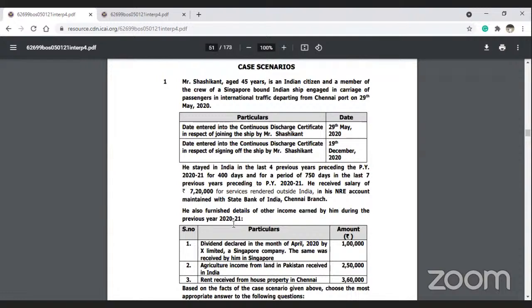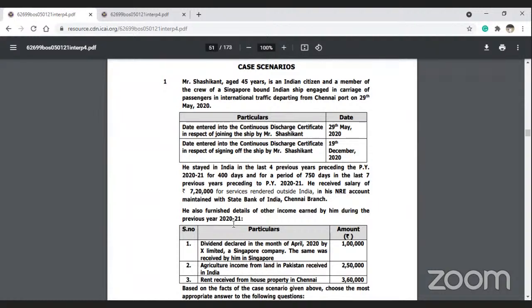So first one is Mr. Shashikant, aged 45 years, is an Indian citizen and a member of a crew of a Singapore-bound Indian ship engaged in carriage of passengers in international traffic departing from Chennai Airport on 29th May 2020. They have given the details. Date entered into a continuous discharge certificate in respect of joining the ship by Mr. Shashikant, 29th May.